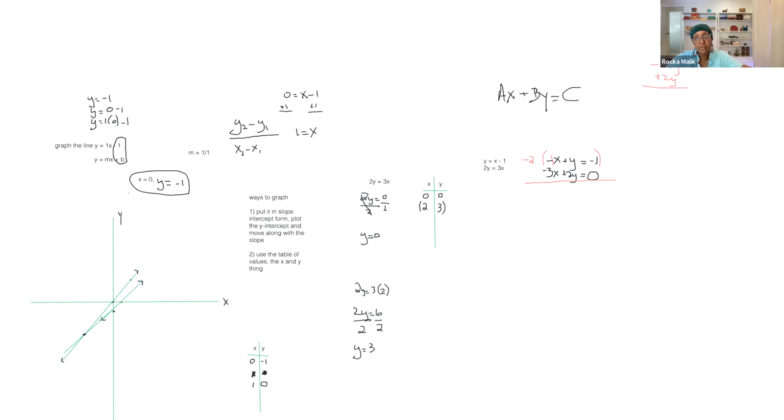So -2 times -x gives me +2x. -2 times y gives me a -2y. -2 times -1 gives me a plus. And I don't have to write the plus, but I like to because I forget. +2.